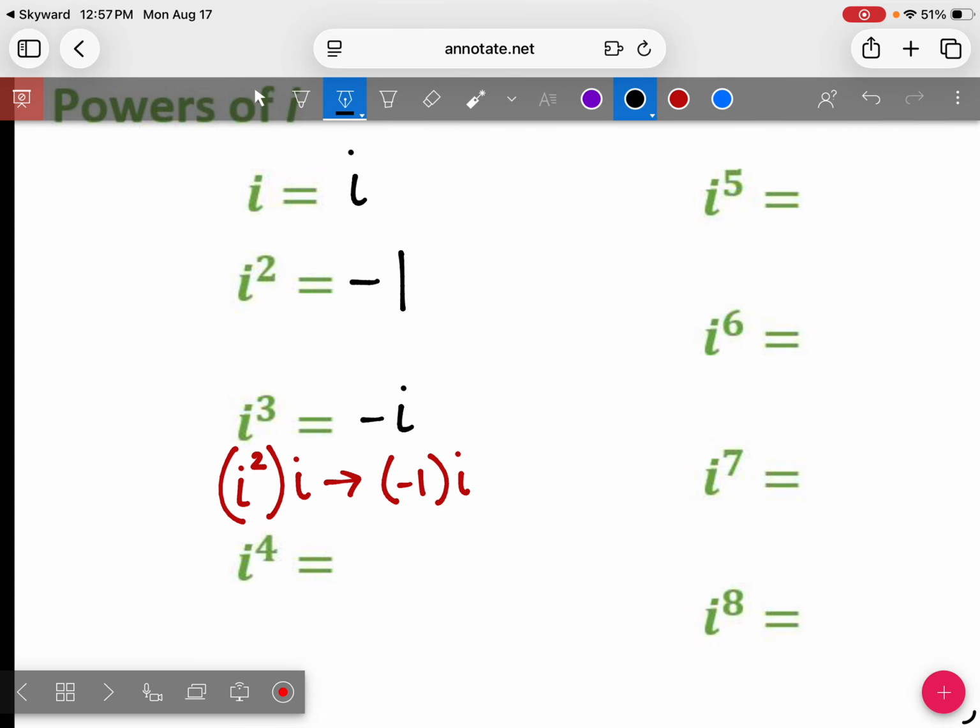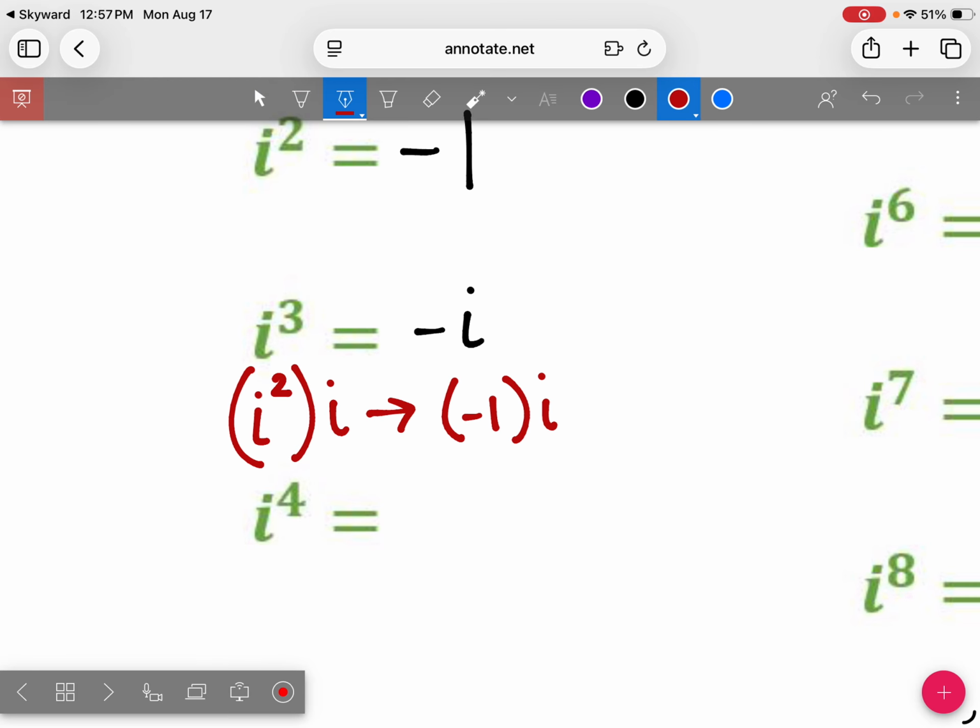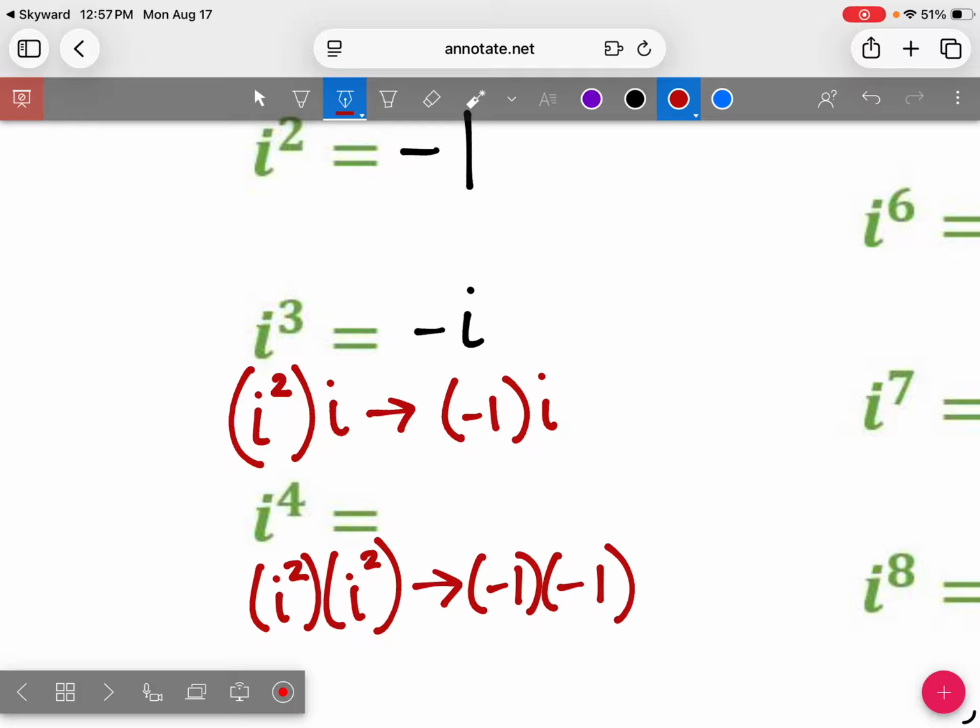All right, i to the fourth, I'm going to split that up to i squared times i squared, which would be -1 times -1. And what is -1 times -1? 1.